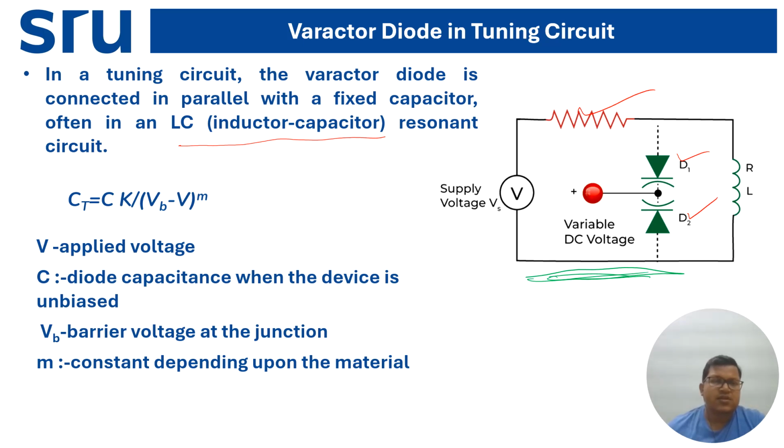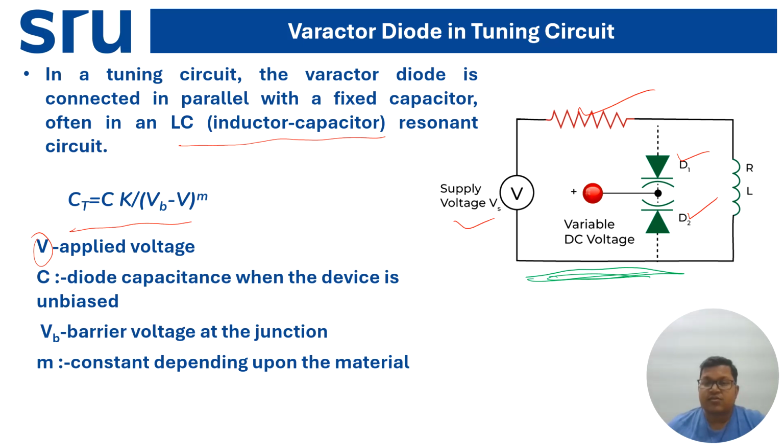So the CT here is Ck divided by (Vb minus V) whole to the power m, right? Where V is the applied voltage, and C stands for the diode capacitance when the device is unbiased.